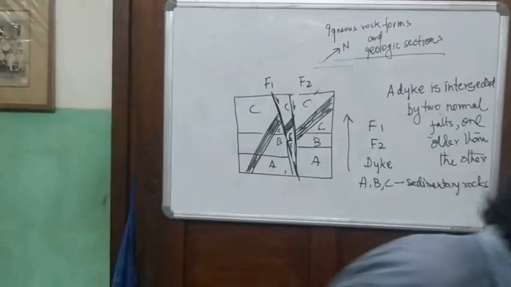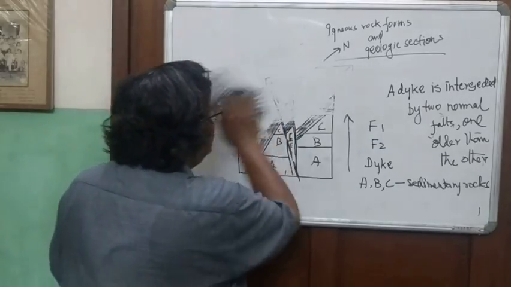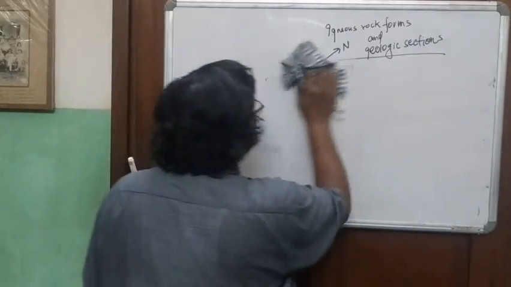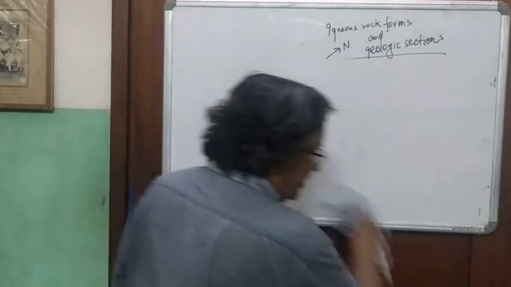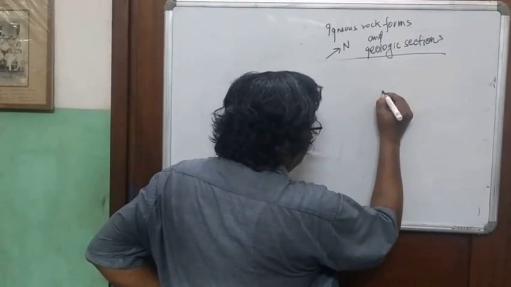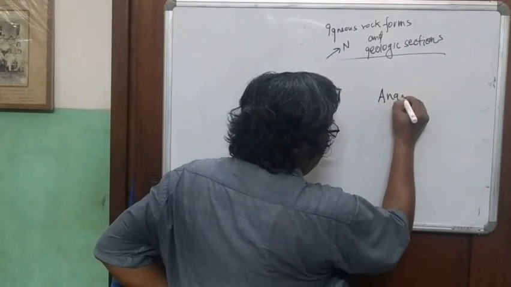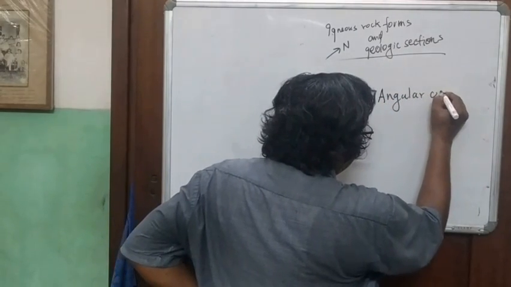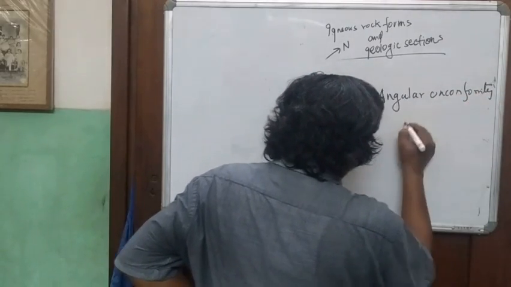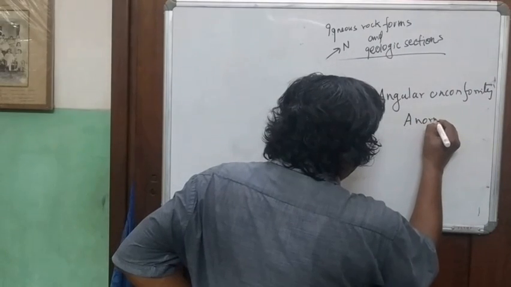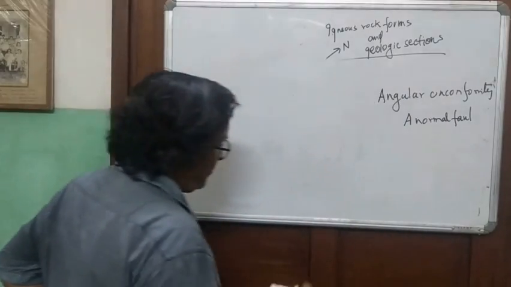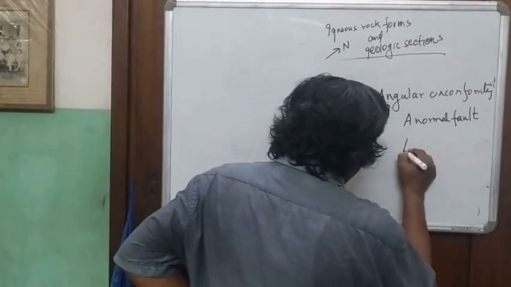Okay, let's try and see a simple one. Let us think of a simple geologic section which we can handle. Say we have an angular unconformity, a normal fault, and a dike.